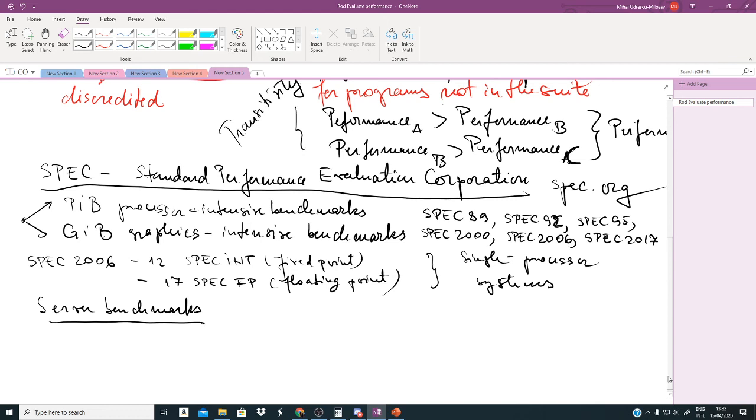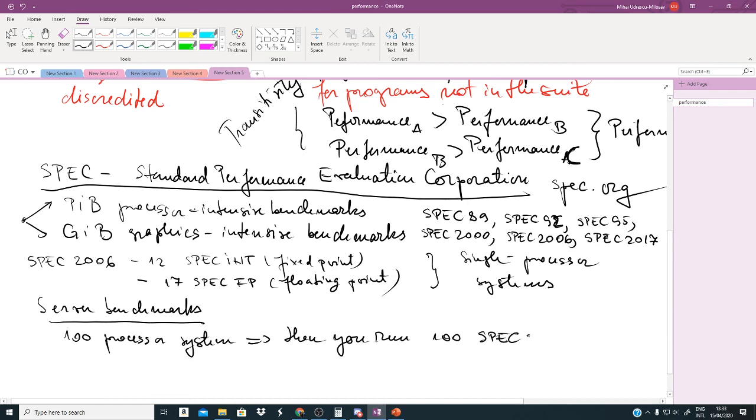How? Well, if you have a system with, I don't know, 100 processors, then you run 100 SPEC, I don't know, 2006 on your server, right?